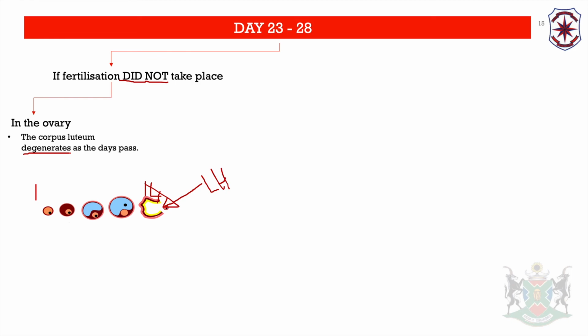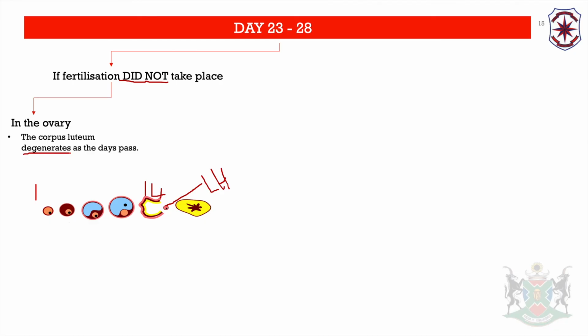LH has two functions. After LH at day 14 has ruptured the follicle to release an ovum, it does its second function and it converts the ovum into a corpus luteum.